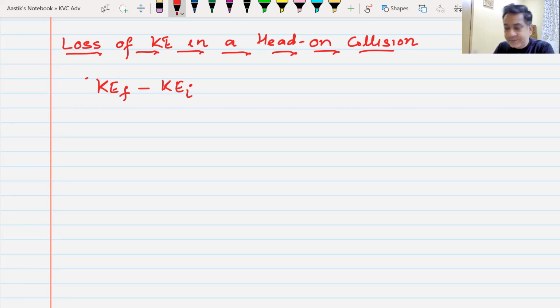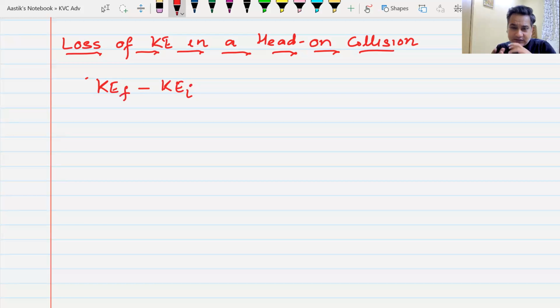Do we understand this? And if it is an elastic collision, that will be 0. If it is an inelastic collision, this would be negative because final kinetic energy will always be less than initial kinetic energy. Now, there is one case which is known as a super elastic collision, where the sum of kinetic energies of the final bodies can be more than the initial kinetic energy.